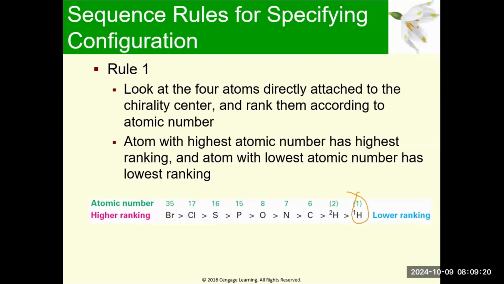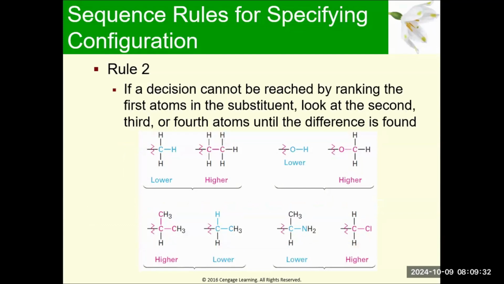Now, if you have deuterium, then that is actually ranked higher than hydrogen. Rule 2, if a decision cannot be made by the first atom of the substituent, look at the second, third, and fourth until they're different. So let's look here.